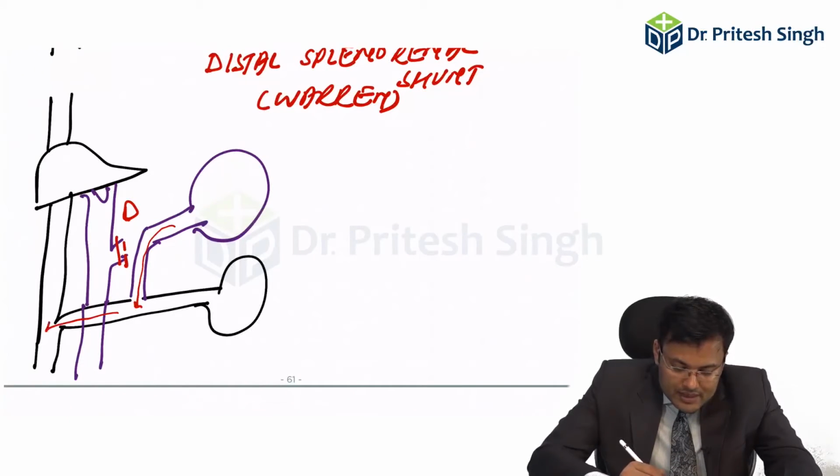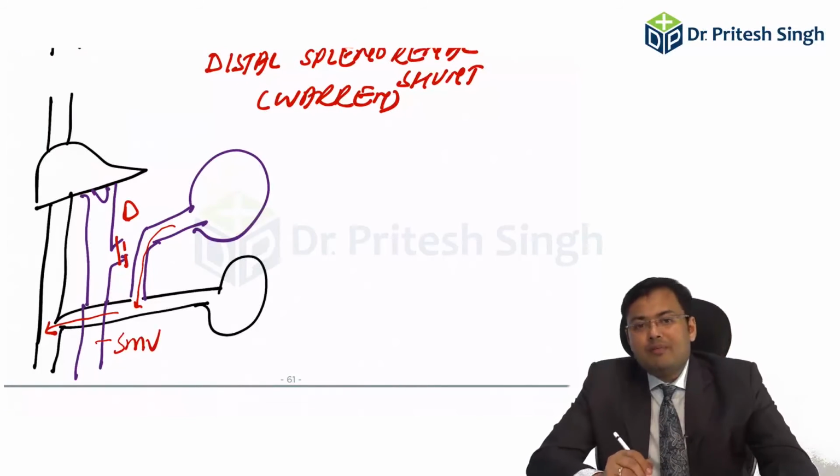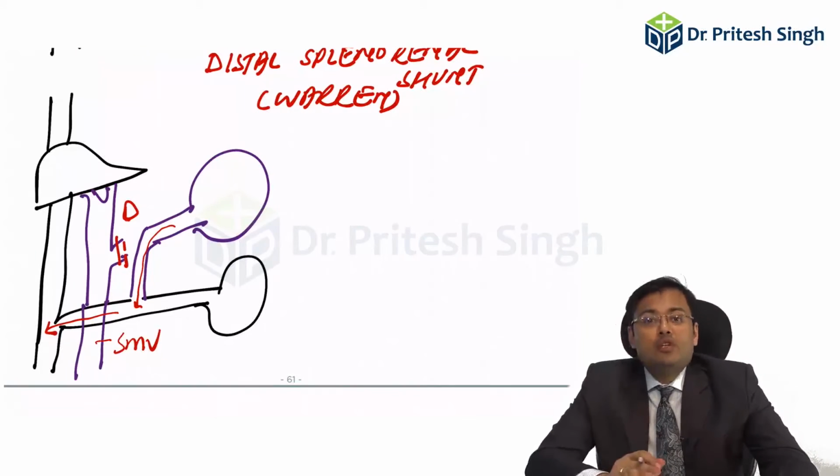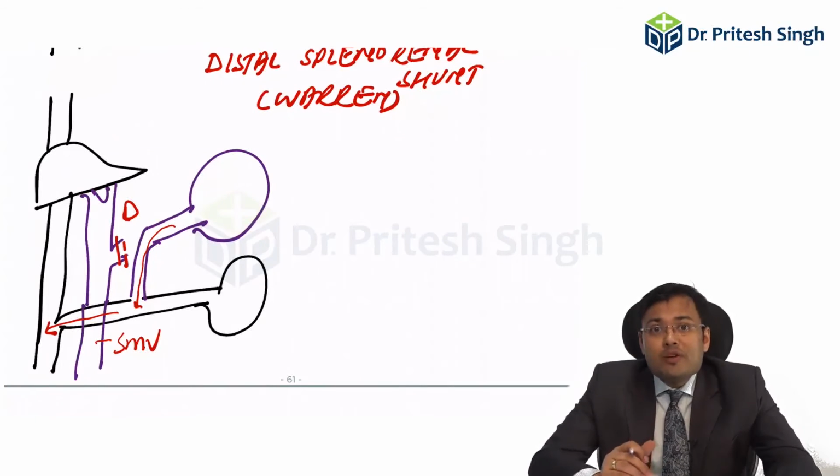Into inferior vena cava. Can you see this superior mesenteric vein? Blood is still going to the liver. So it's not the whole portal system which is being decongested. It's only the left part of portal system which is being decongested, and that's the spleen. That's why it is a type of selective shunt.